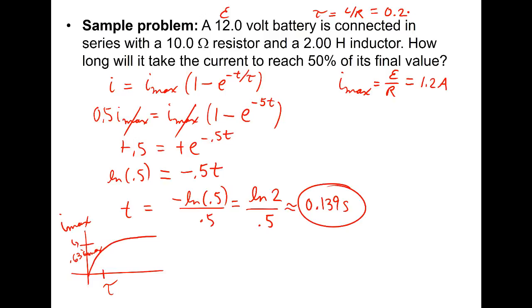And tau is 0.2 seconds. So it makes sense that at 0.139 seconds, we're at 50% of I max, whereas at tau equal to 0.2 seconds, we're at 63% of I max. So conceptually, our answer makes sense.